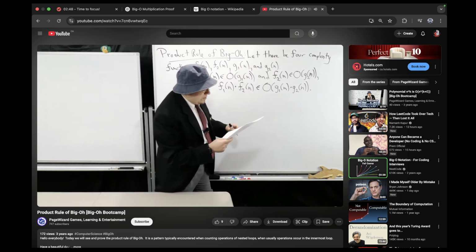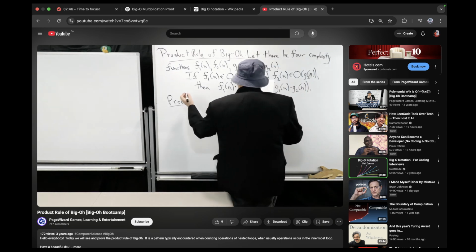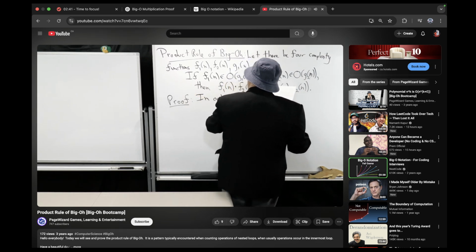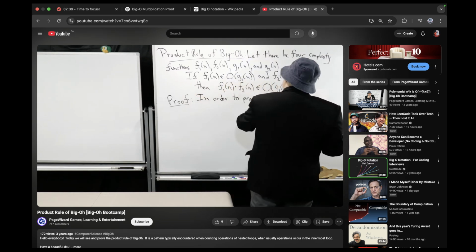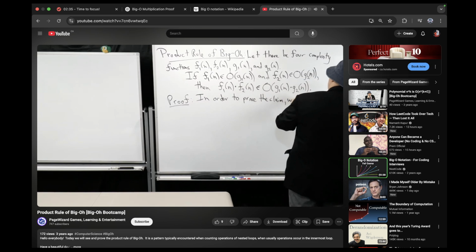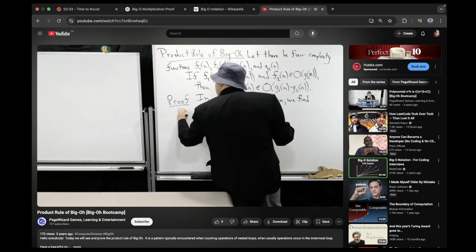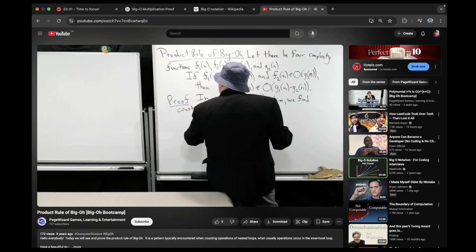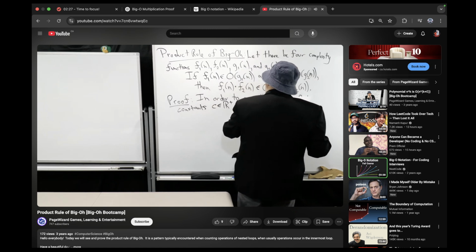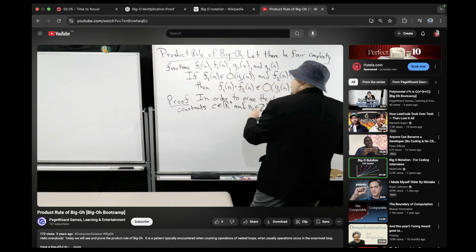So some rules that I'm going to follow, so that way I communicate clearly to the reader what exactly I'm trying to do. So I'm going to say in order to prove the claim, we find constants c, which is a positive real number, and n0, which is in fact what? It's a positive integer, right?